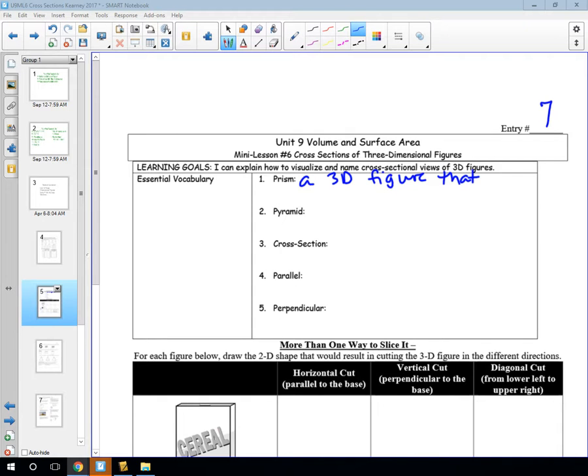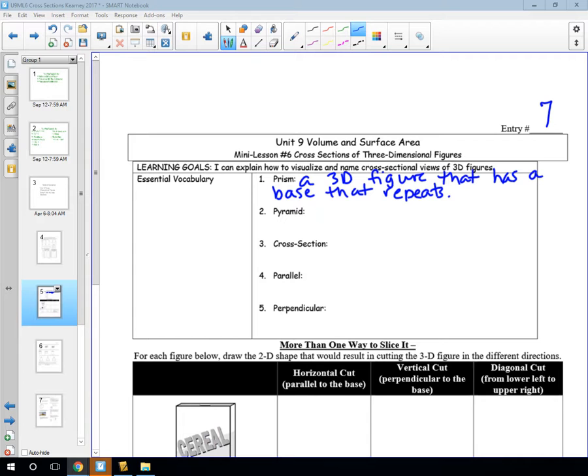So for example, if it's a rectangular prism, the base is a rectangle that repeats itself. If it's a triangular prism, the base is a triangle that repeats itself. So a 3D figure that has a base that repeats.